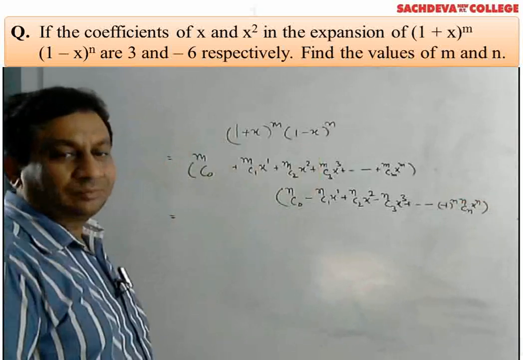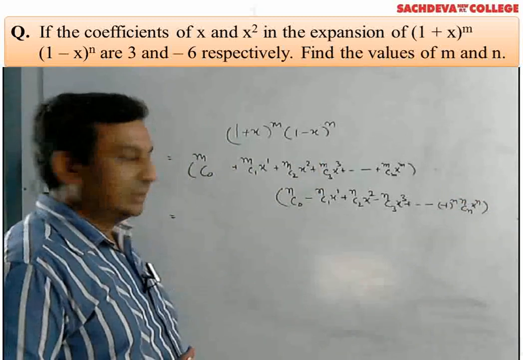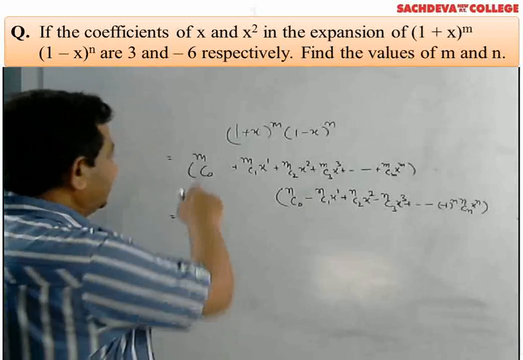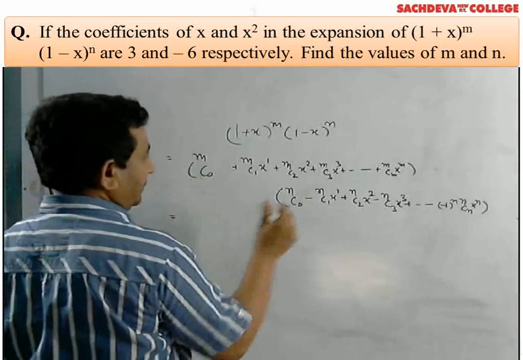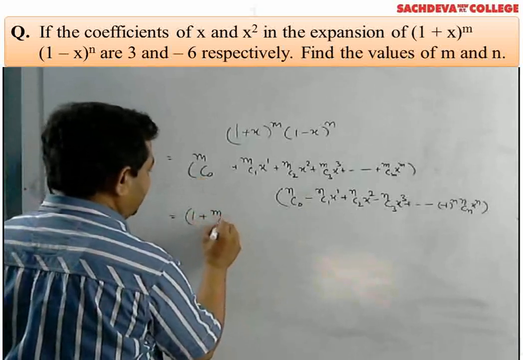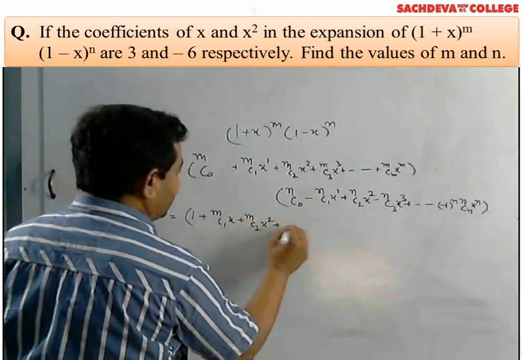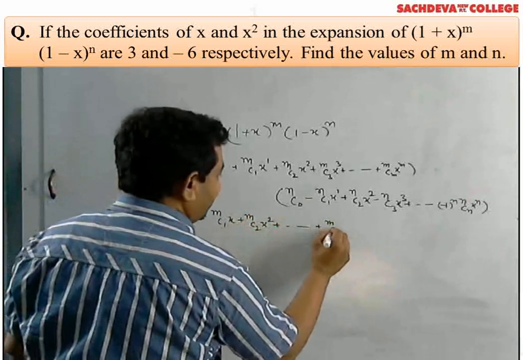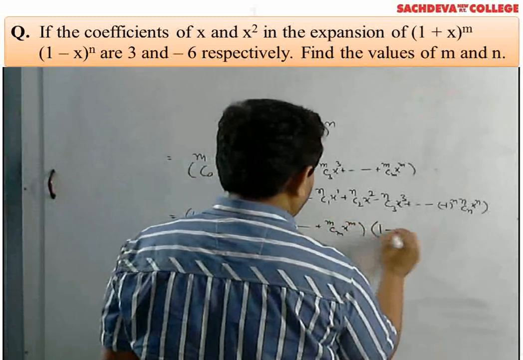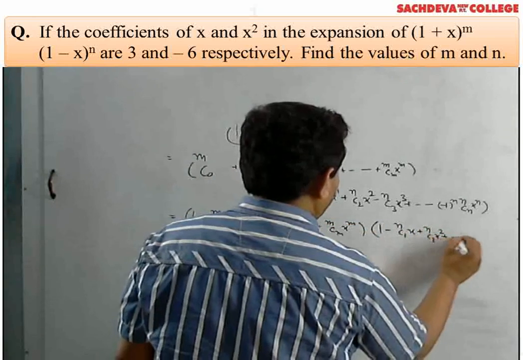But given the coefficient of x and coefficient of x square, first we find the coefficient of x. So nC0 is 1. So 1 plus mC1 x plus mC2 x square plus and so on, and this is 1 minus nC1 x plus nC2 x square plus and so on.